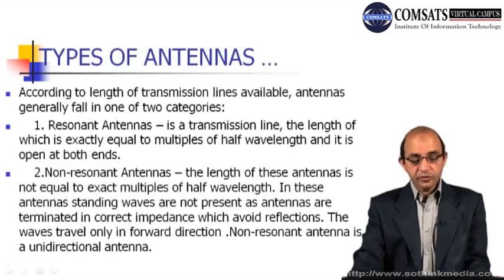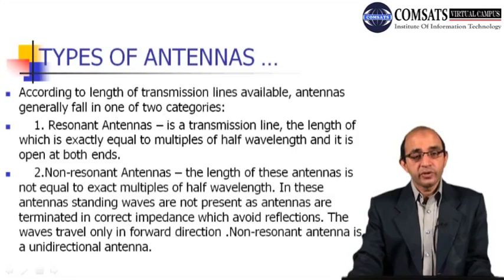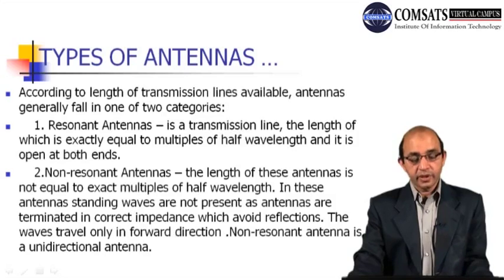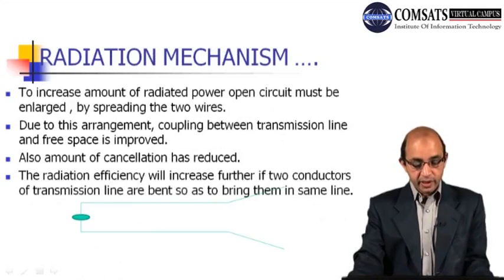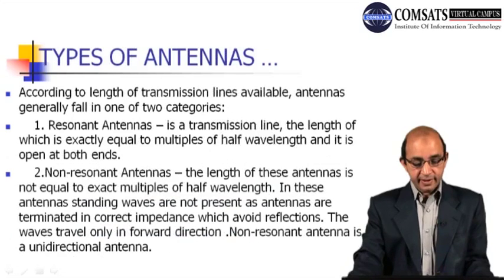Now we will look at different antenna types according to the length of the transmission lines, right? So we have resonant antennas, which are exactly equal to multiples of half wavelengths, and are open at both ends. You can take this example as a resonant antenna.